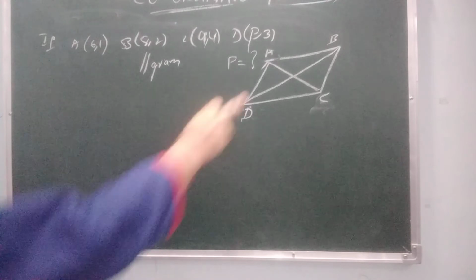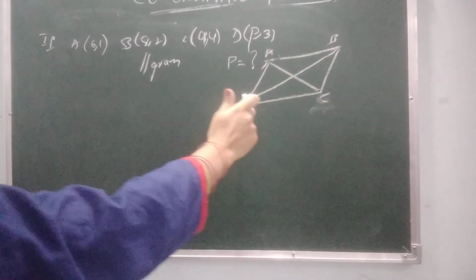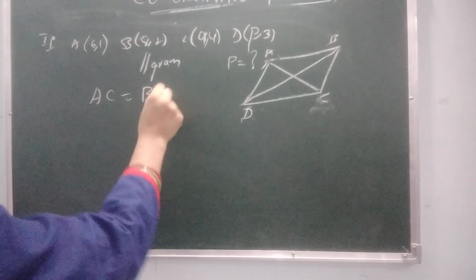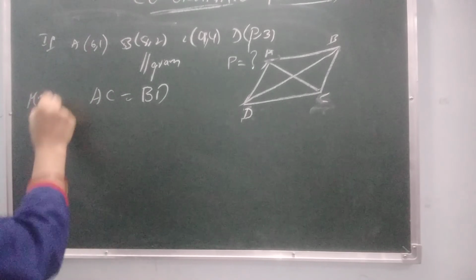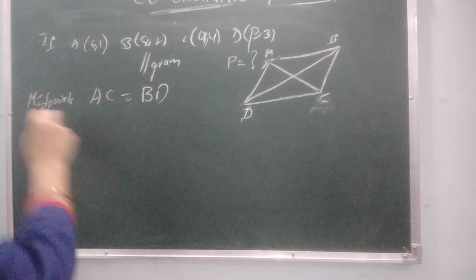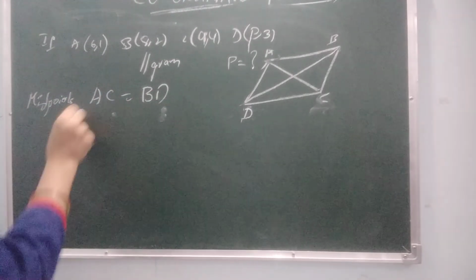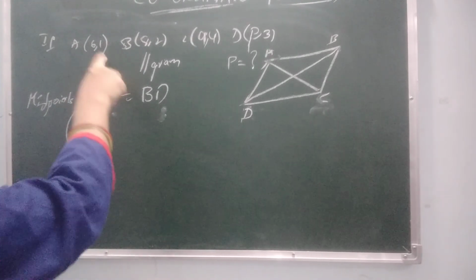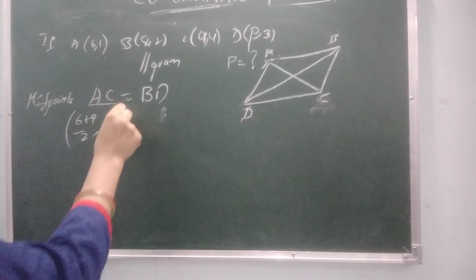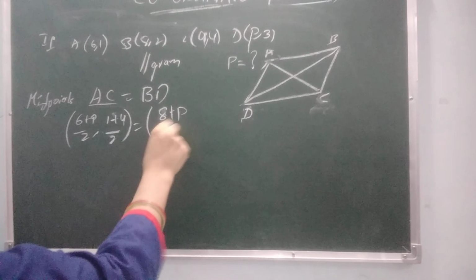The coordinates of the midpoint of AC equal the coordinates of the midpoint of BD. See, in the parallelogram, the coordinates of the midpoint of AC equal the coordinates of the midpoint of BD. Put the midpoint formula here for A and C. That means 6 plus 9 by 2 comma 1 plus 4 by 2 equal to 8 plus P by 2 comma 5 by 2.